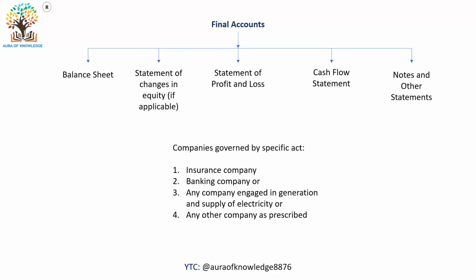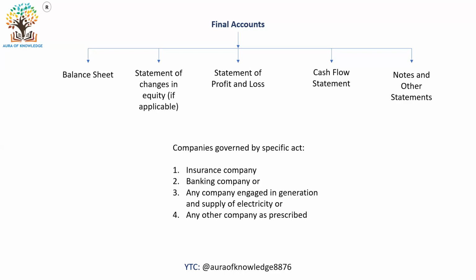Now, coming to these formats, whatever is prescribed is other than for specific companies governed by a specific act, for example an insurance company, a banking company, and a company engaged in generation and supply of electricity, and any other company as prescribed.